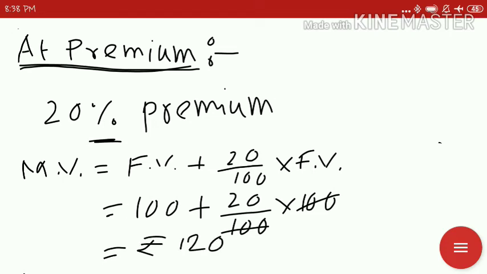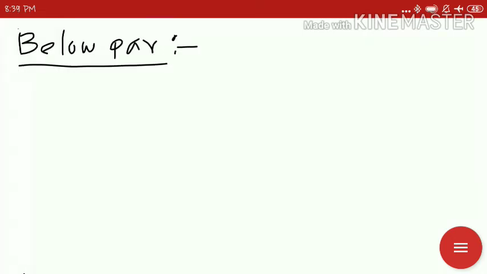So whatever the face value is, you must calculate the percentage of the premium on that, and that will be the market value of the share. Now if it is given below par, or a discount, we again have to find out the market value on the basis of the face value. Again similarly in two ways, maybe it is given in rupees or in percentage.